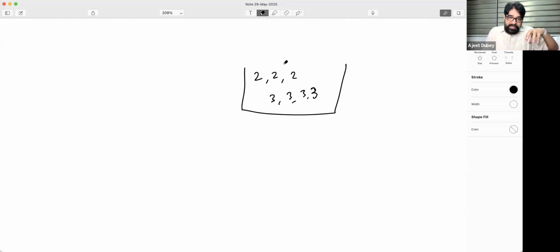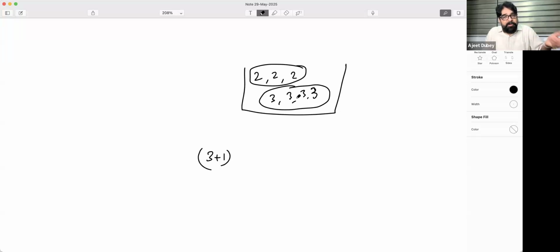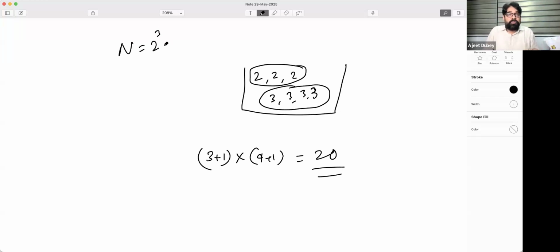Either I select any number from this group, or any number from that group. From the first group, 3 plus 1 ways; from the second, 4 plus 1. So 4 into 5, 20 ways. Whatever you select is a divisor of the number 2 cube into 3 power 4. That's why the number of divisors will be 20.